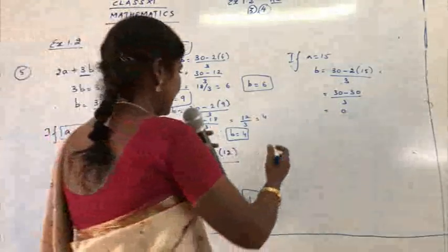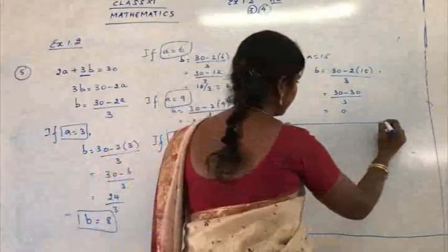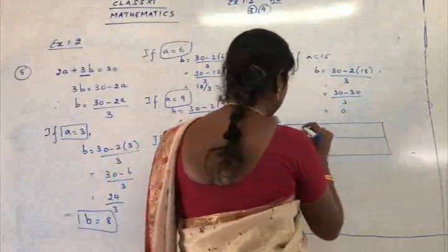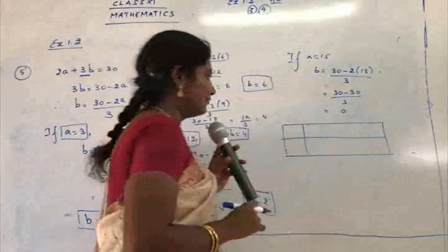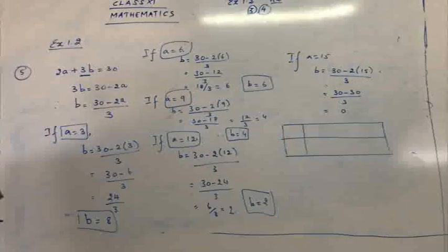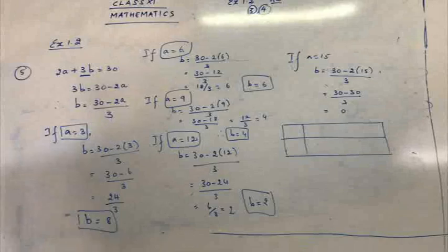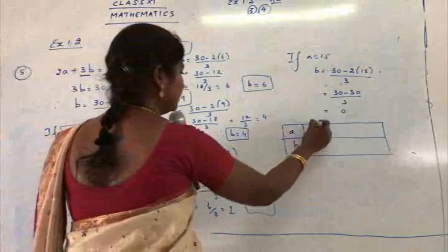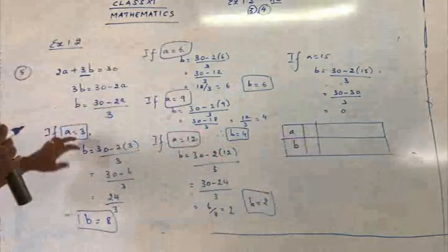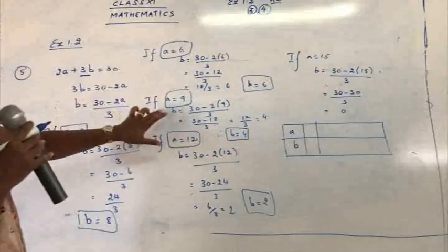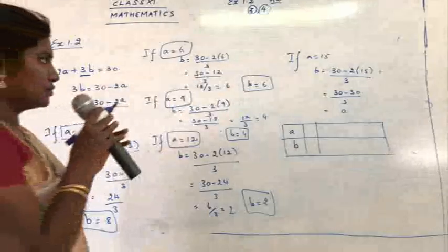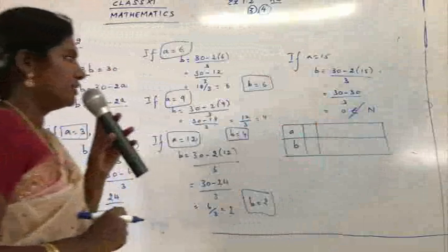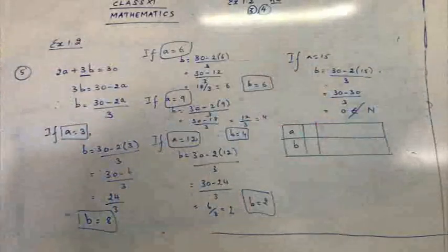So take your scale, take a pencil, and draw a table. Draw the table neatly. I do not want a rough table. You have to draw your tables neatly using your ruler and pencil. So mention your A, B. That A is equal to 15 will not be included. This is not belonging to N, okay? So just mention there, it's not a natural number, so I cannot take A as 15.